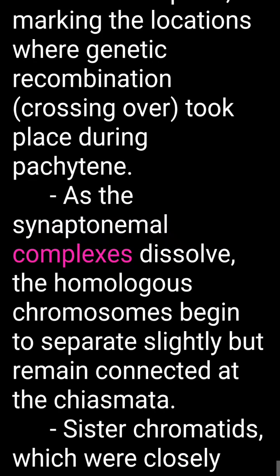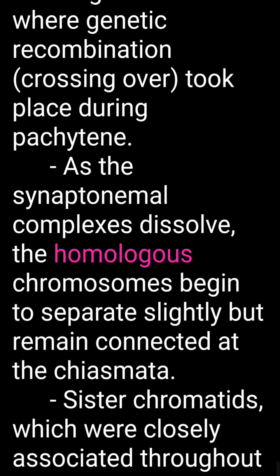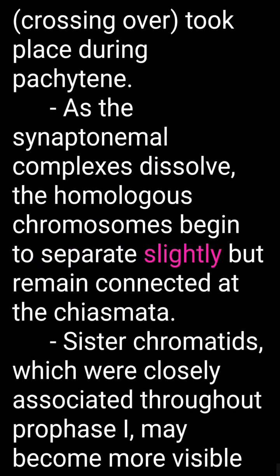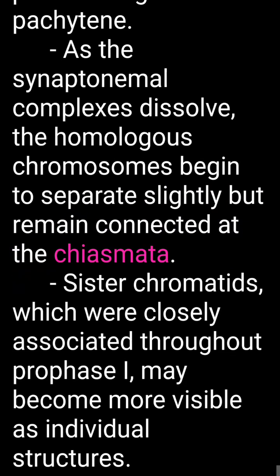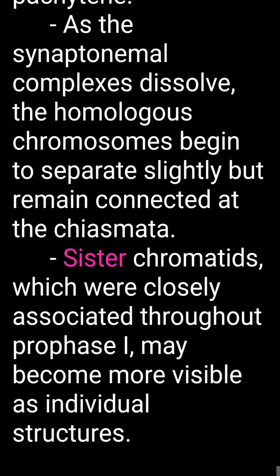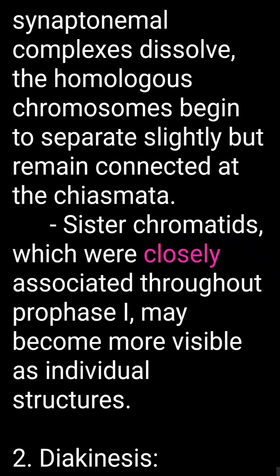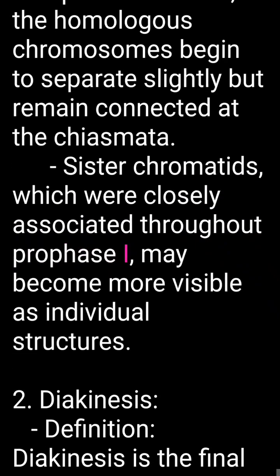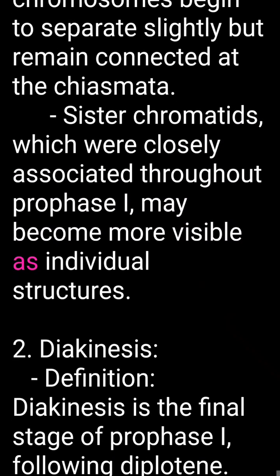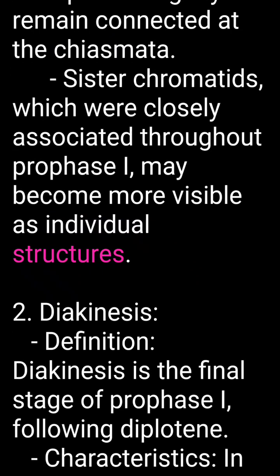As the synaptonemal complexes dissolve, the homologous chromosomes begin to separate slightly but remain connected at the chiasmata. Sister chromatids, which were closely associated throughout prophase I, may become more visible as individual structures.